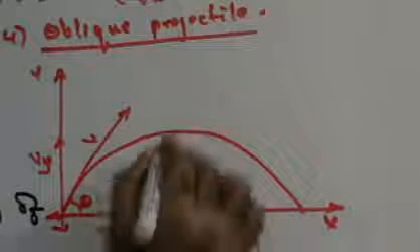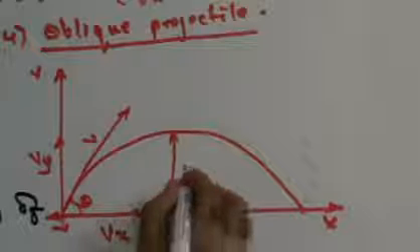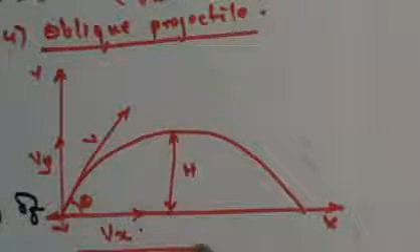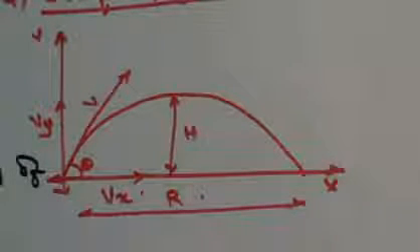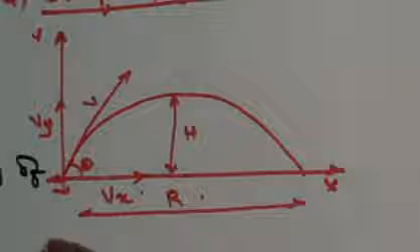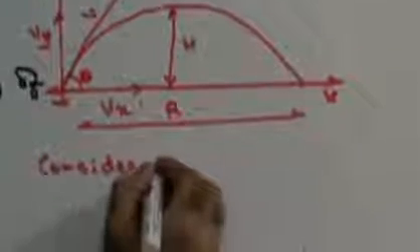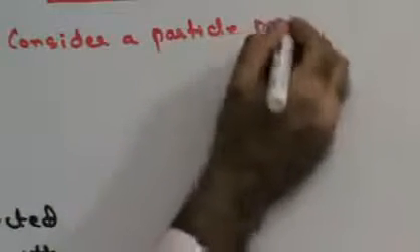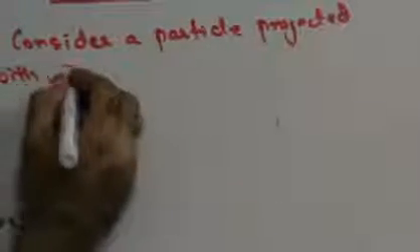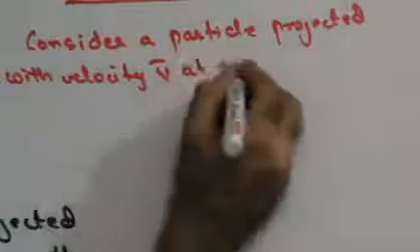Let's assume that the maximum height attained by the oblique projectile is h and the maximum horizontal distance attained by the projectile is, say, r. Okay, now let's write all this down first. Consider a particle projected with velocity v at an angle of theta with horizontal.